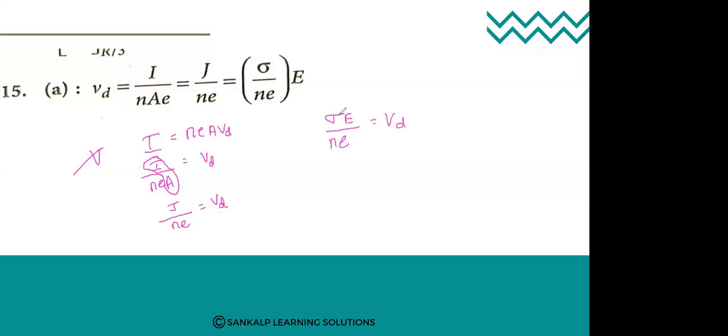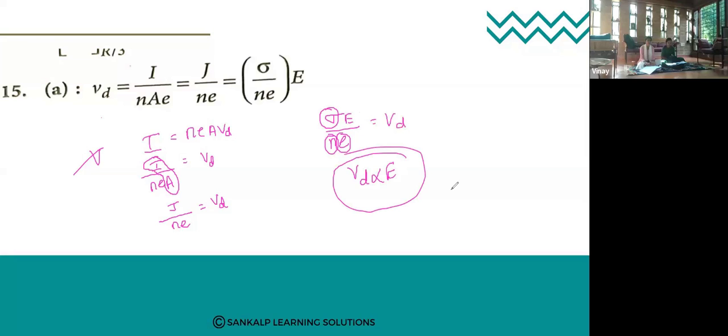For the given material, the conductivity, the number of electrons and the charge of the electron are all constant. Therefore, we can say that the drift velocity is directly proportional to the electric field. Next question.